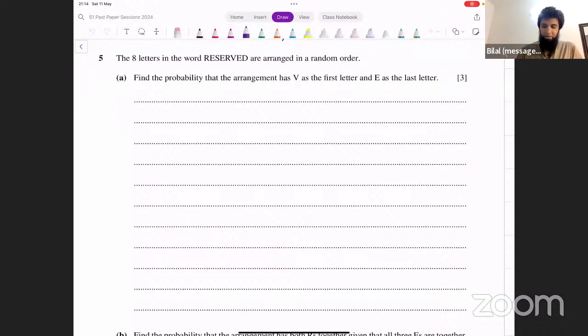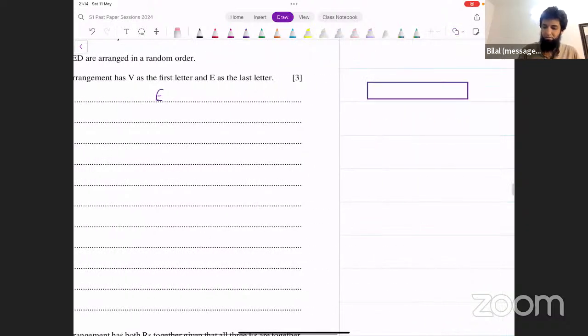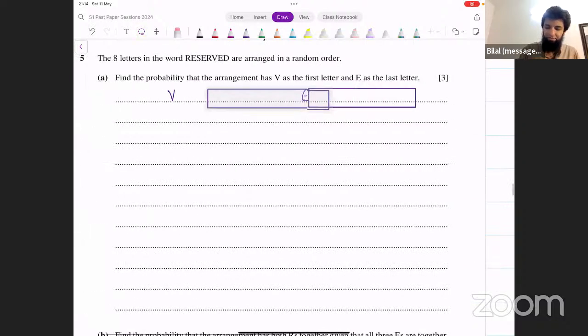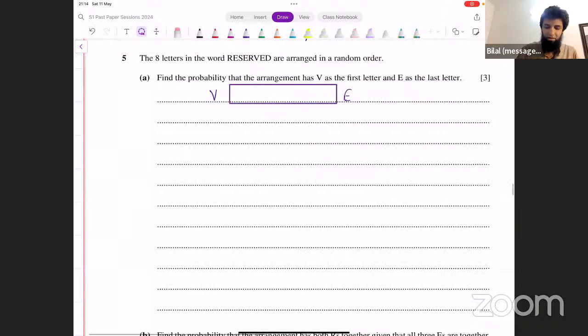Find the probability that the arrangement has V as the first letter. So V has to be the first letter, E has to be the last letter. We have 8 letters in total. How many letters are we left with in the middle? 6 letters are left in the middle, right? Let's make 6 boxes for them.